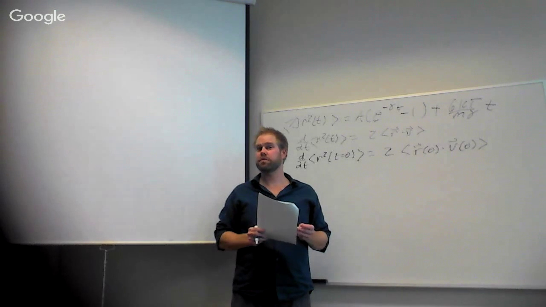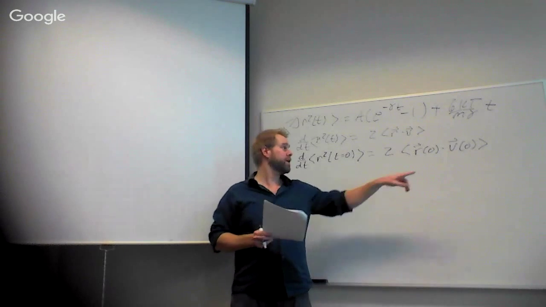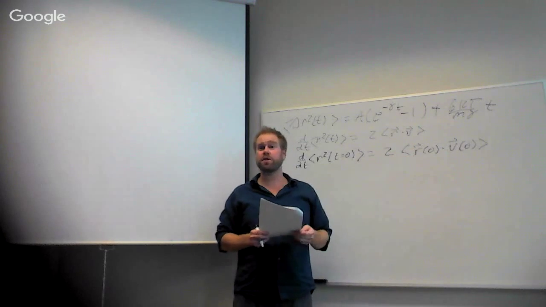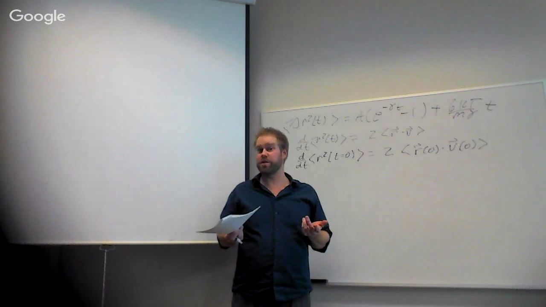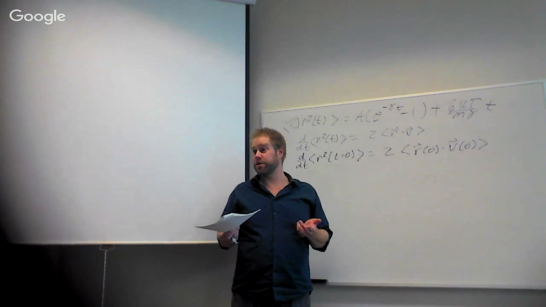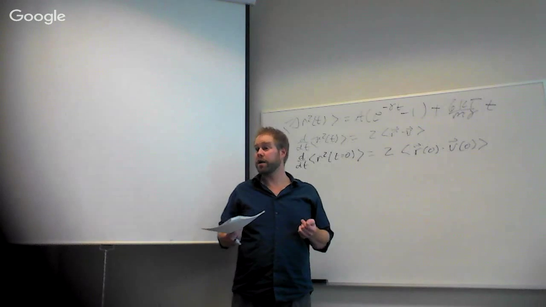Do you expect any correlation between your position and your velocity? We have no external force in our system. No. When you take the inner product and you average over all possible cases, you should get 0.